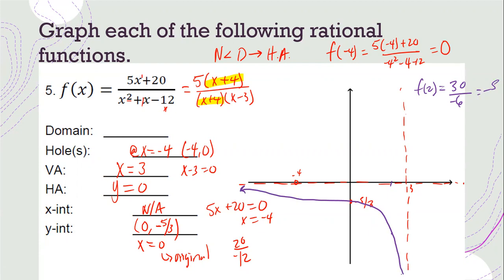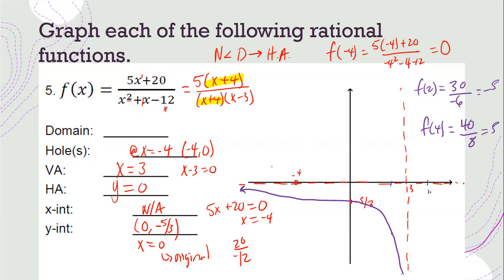On the right-hand side, I'm going to choose another value. What value do we want? 4. So we're going to do F of 4. Same thing, you're plugging in. 5 times 4 is 20. 20 plus 20 is 40. 4 squared is 16 plus 4, 20 minus 12, and 40 divided by 8 is 5.